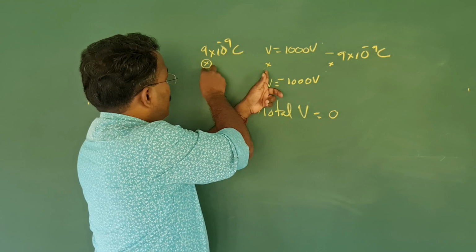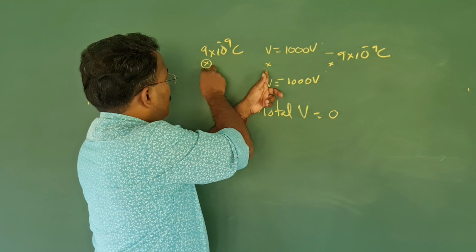Now, this is a point where children often get confused. So, for understanding that, we will do an example. Imagine you have a charge, say 9 into 10 raised to minus 9 coulomb, as we are familiar with that. And we take this point, say 9 centimeter away. The potential is 1000 volts.